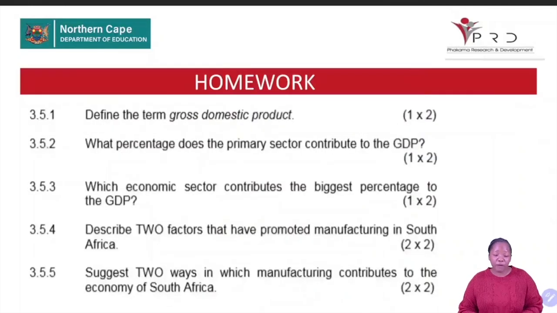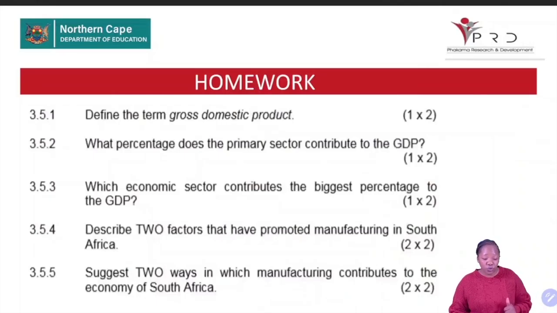And then after, we're going to the questions. Your first question there, you need to define what is gross domestic product. You are given 2 marks for each and every concept. And then secondly, what percentage does the primary sector contribute to the GDP?